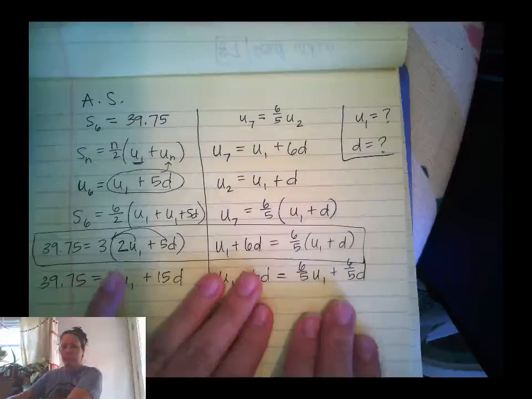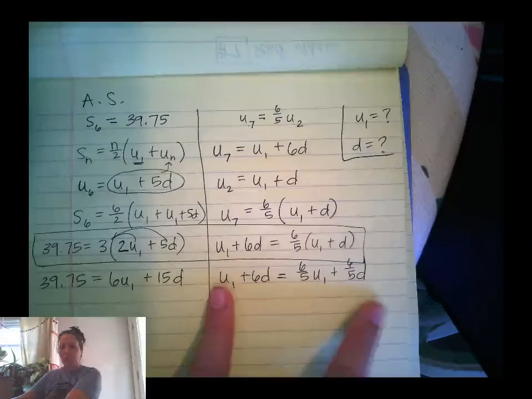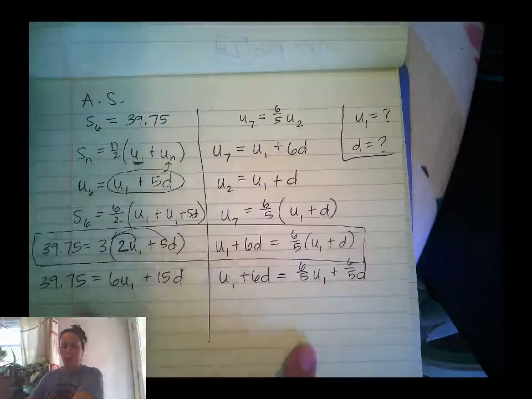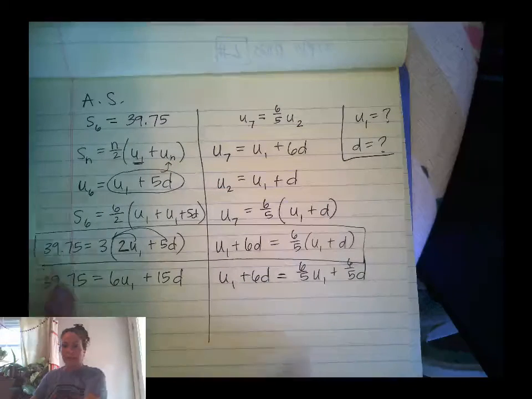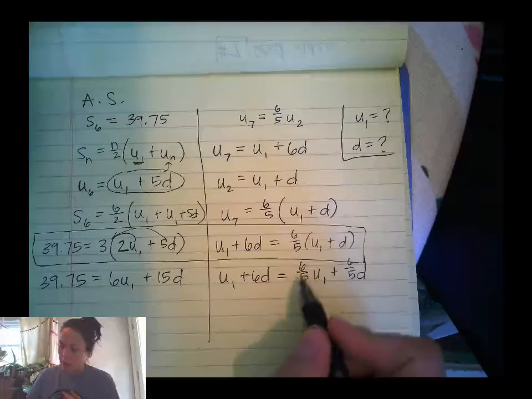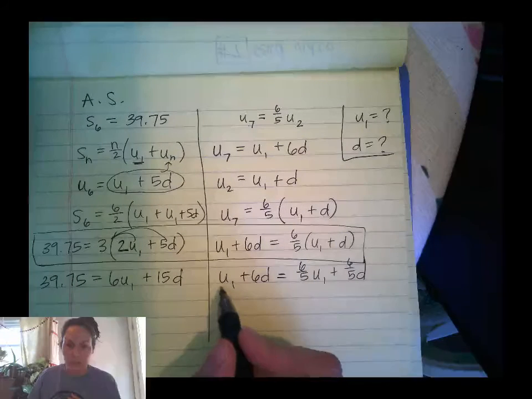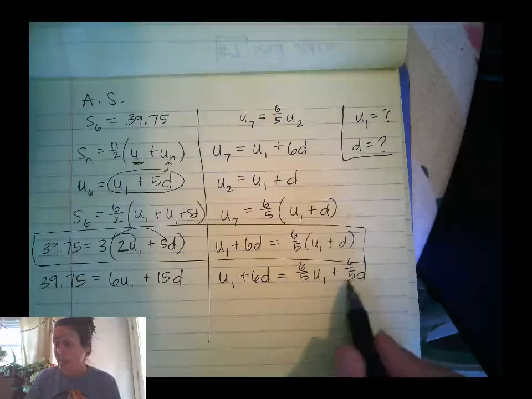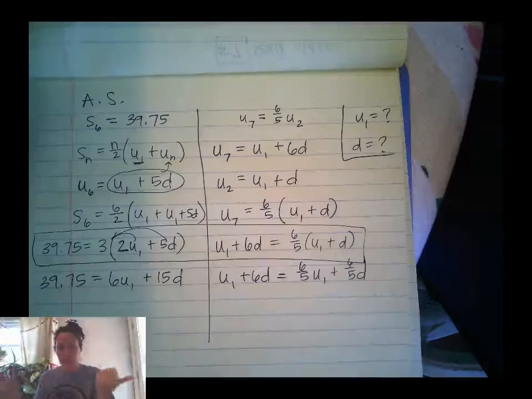See how there's nothing extra over here? Every single term has one of our unknowns in it, whereas this side, there's just a little extra guy. So my brain is like, let's just simplify this. So what I'm going to do is subtract 6/5 of u sub 1 over to this side, and subtract 6d to that side. So I'm pushing the variables together.